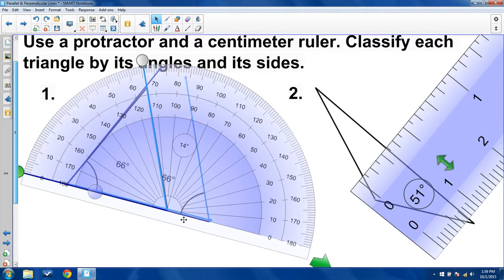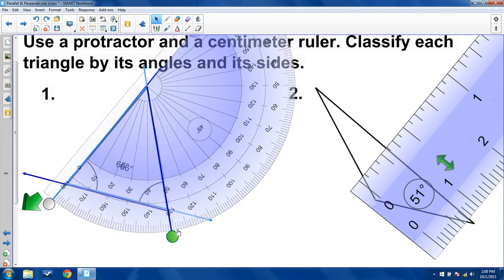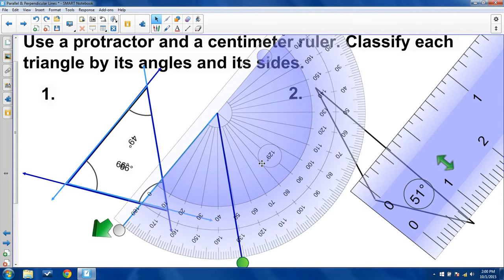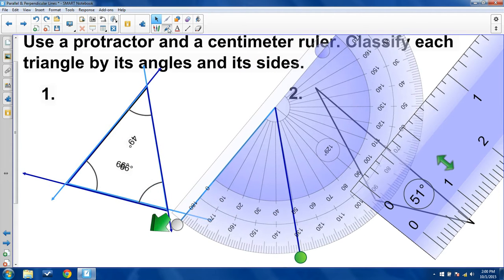And the final angle should measure to about whatever 66 plus 66 becomes, 132. When you subtract that from 180, you should get about where you're at. So that one's 49. So that's close enough. Obviously, the protractor had some little issues, but 66 plus 49 equals 181. So it should be 180.